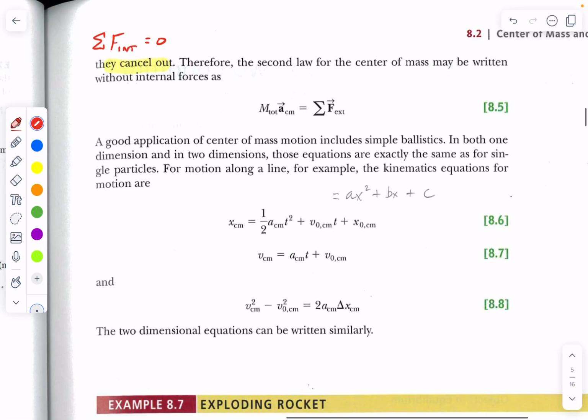They all cancel each other out. And we are left with this equation right here: the acceleration of the center of mass, and cm, by the way, stands for center of mass, not centimeters, is going to be the summation of all of the external forces acting on the object.